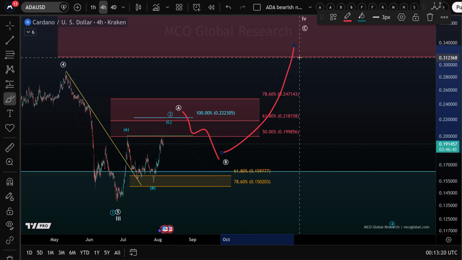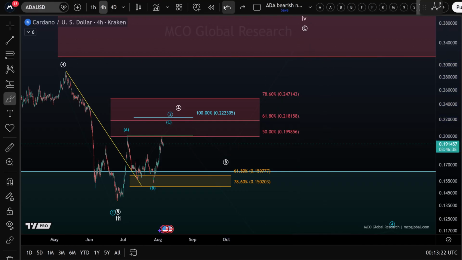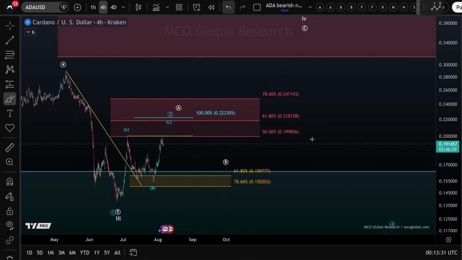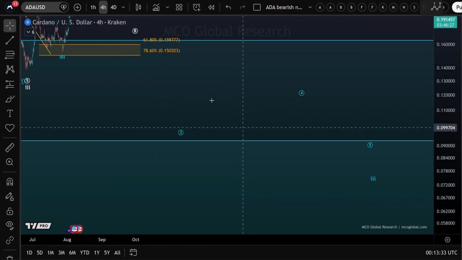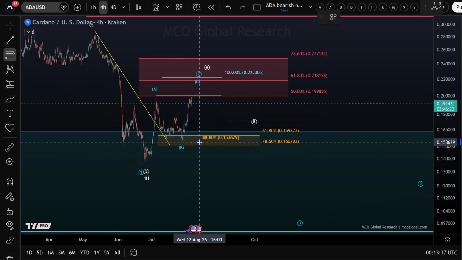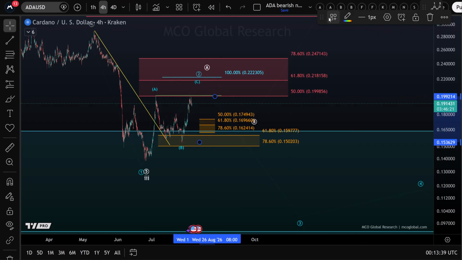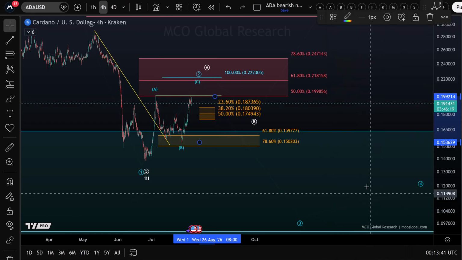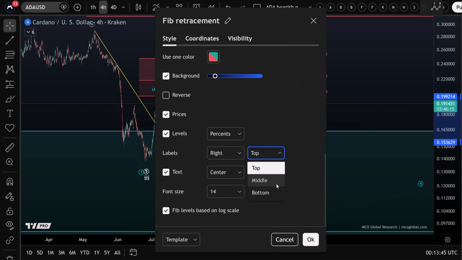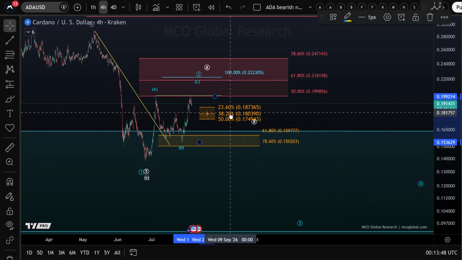For now, the nearest support I can offer is the last swing low here that formed at around 15.3 cents. A break below it should send the price to the next Fibonacci level below, around 10 cents. If you're really interested in micro support levels, it's not so reliable, but the nearest Fibonacci support I can offer, and I would treat it as weak support, is at 17.5 cents.